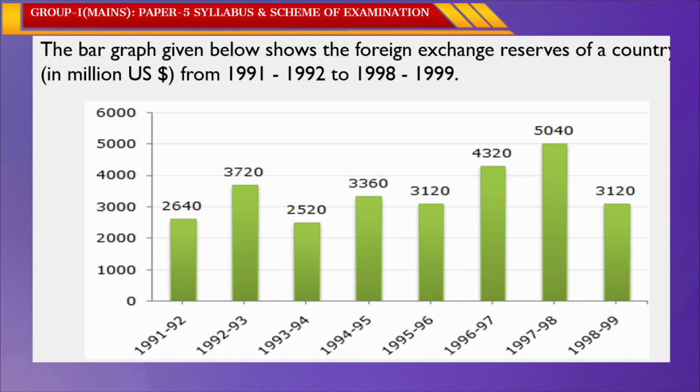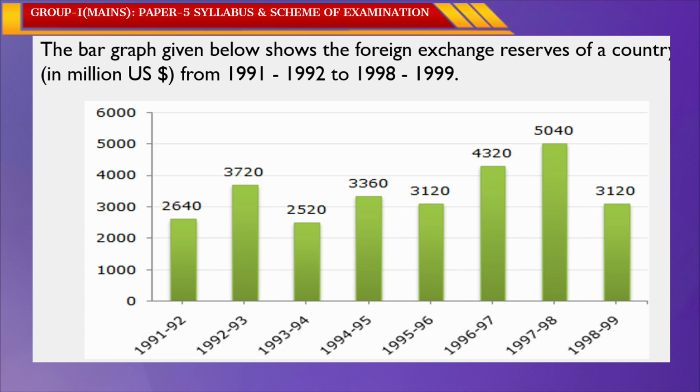In 1992-93 it is 3720, in 1993-94 it is 2520, in 94-95 it is 3360, in 95-96 it is 3120, in 96-97 it is 4320, in 97-98 it is 5040, whereas in 98-99 it is 3120. Is it clear?